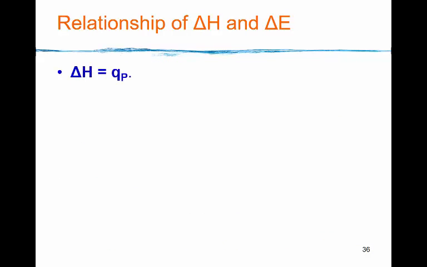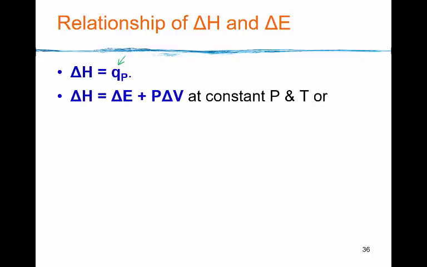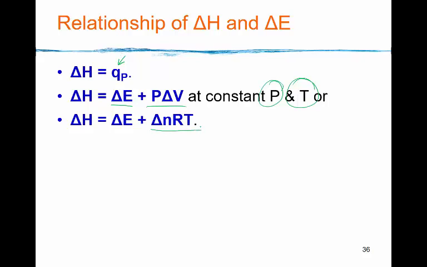Okay? All right, so delta H, there's our old buddy enthalpy, is equal to heat at constant pressure. That's what we did before. Okay? Delta H is also equal to the change in internal energy plus P delta V if P and T are constant, or it's equal to delta E plus delta N RT if it's not constant.